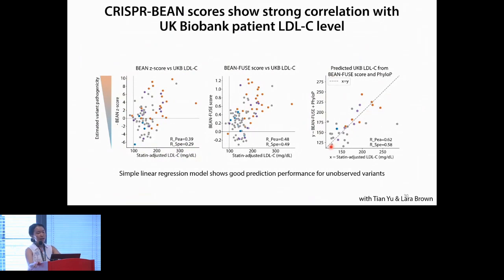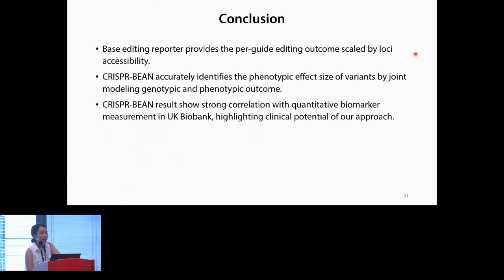So this first demonstrates how we can compare the continuous human phenotype actually observed in patients with the screen setting, and shows the potential that we can apply this for predictive modeling based on patients' genetics. In conclusion, base editing reporter provides per guide editing outcomes scaled by loci accessibility, and CRISPR-Bean accurately models this together with the guide abundance to give a better estimate of variant effect size. We also show the clinical potential of this approach.